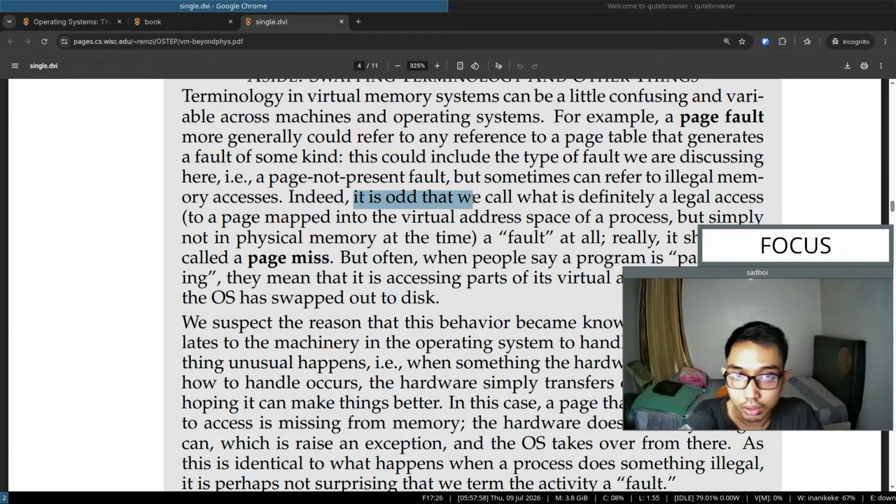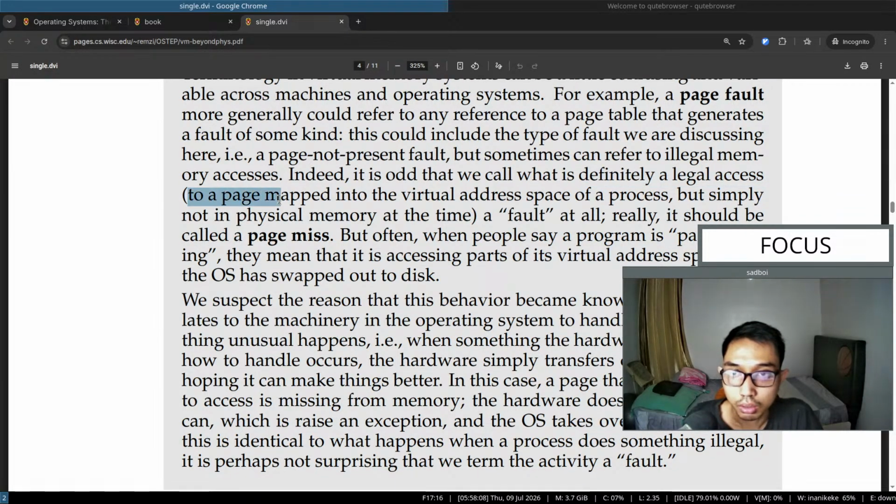Indeed, it is odd that we call what is definitely a legal access to a page mapped into the virtual address space of a process, but simply not in physical memory at the time of the fault, a fault at all, right?